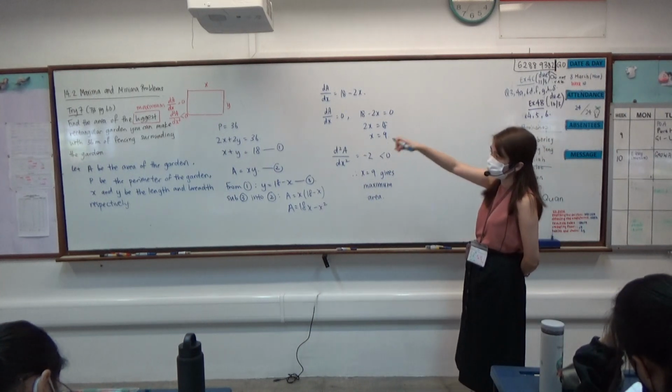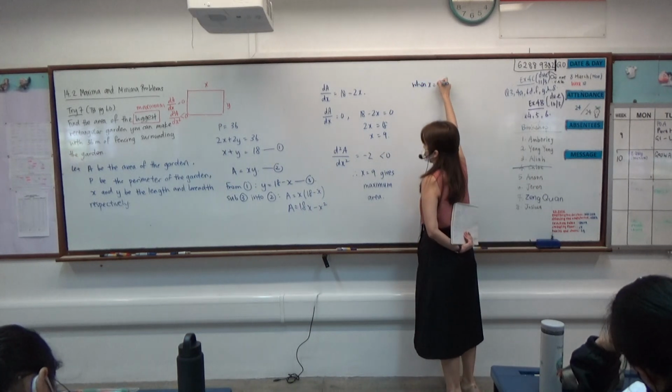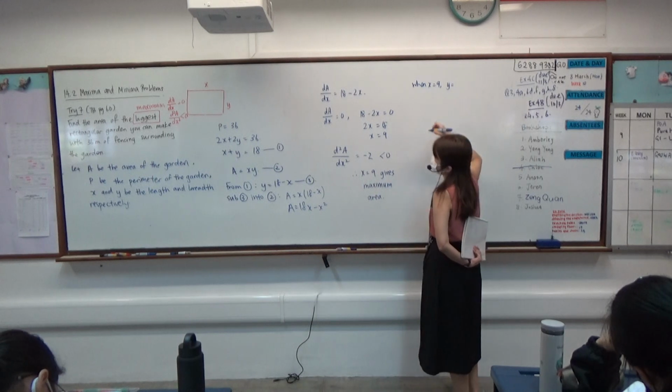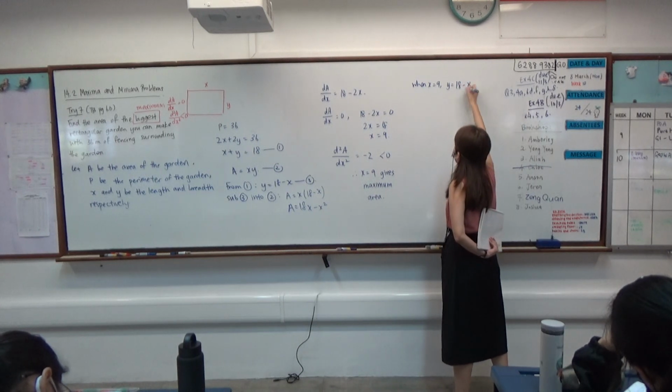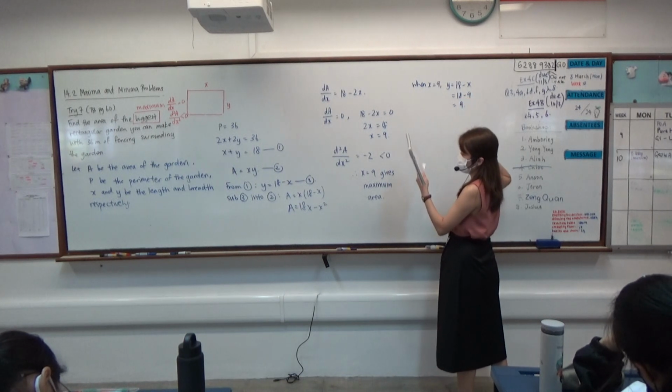Question, keep in mind, we want to find the area itself. So when x is equal to 9, y would be equal to 18 minus x, which happens to be 9 as well.